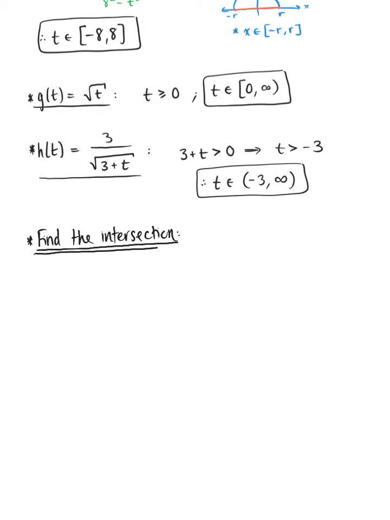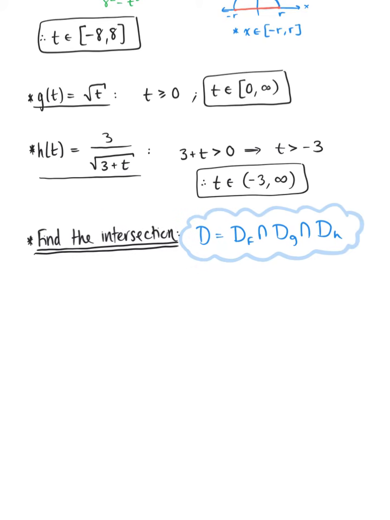So you can even think about this as the full domain is going to be the intersection of the domain of the f component, intersected with the domain of the g component, intersected with the domain of the h component. So we're looking for the common domain amongst these three intervals. So here we go.